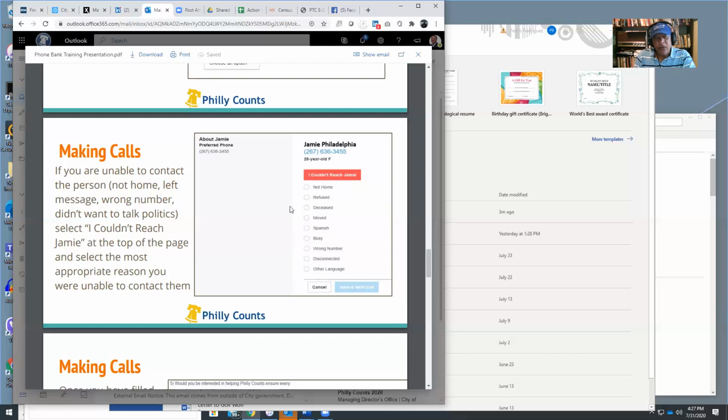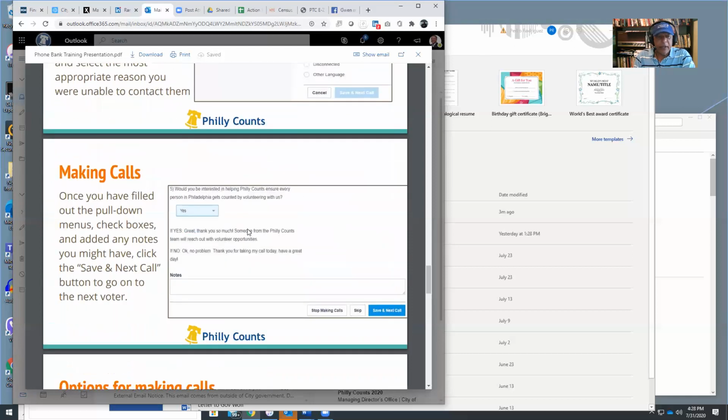So we eliminate the refuse, the cease, move, wrong number, disconnected. So that's important to mark it that way. Okay. All right. So once that happens, you get one of those buttons that will take you to the next person. You make the next call.